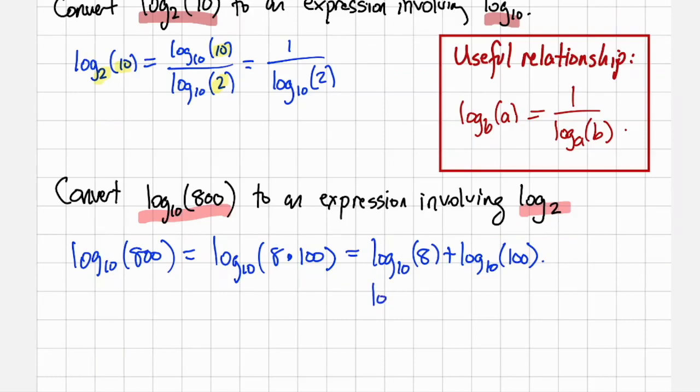Now we recognize that 8 is equal to 2 to the third, and 100 is equal to 10 squared. And we can simplify this expression to 3 log base 10 of 2 plus 2.